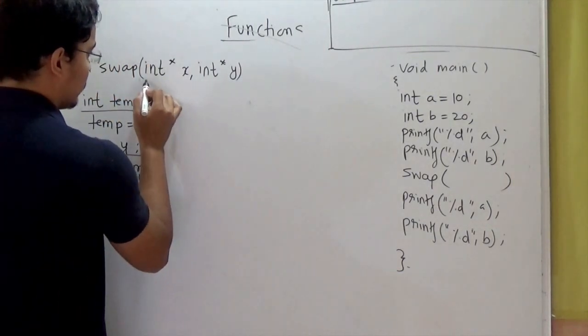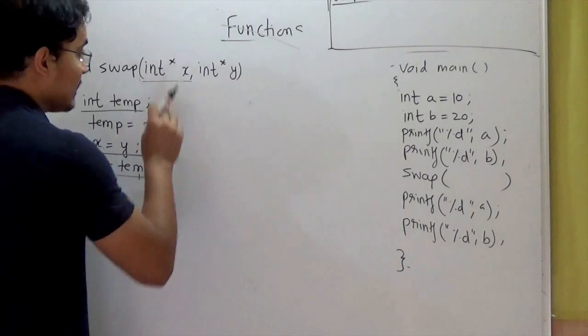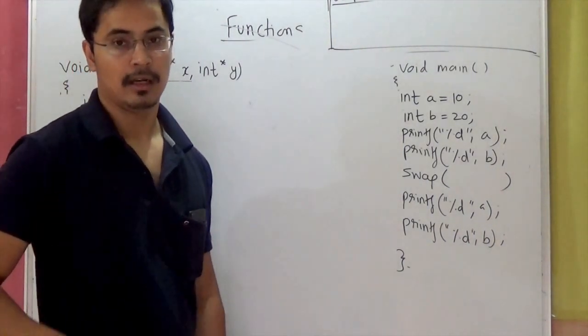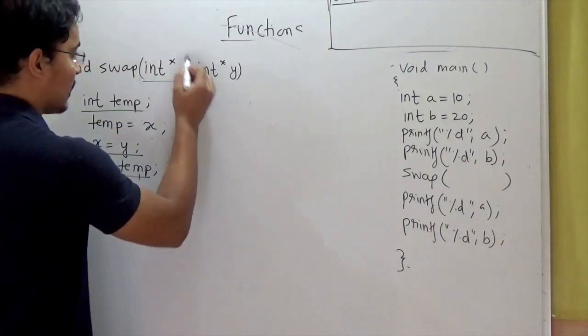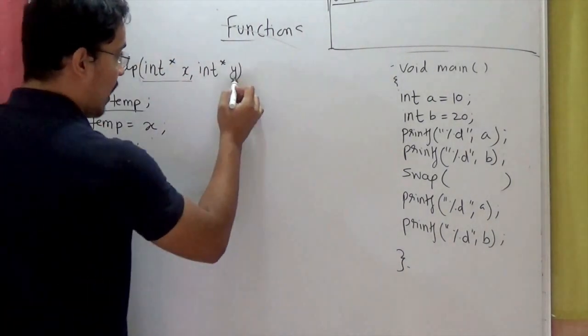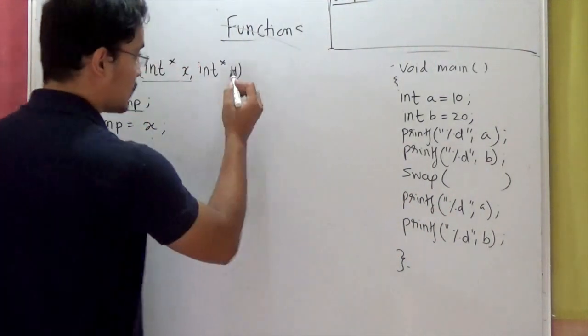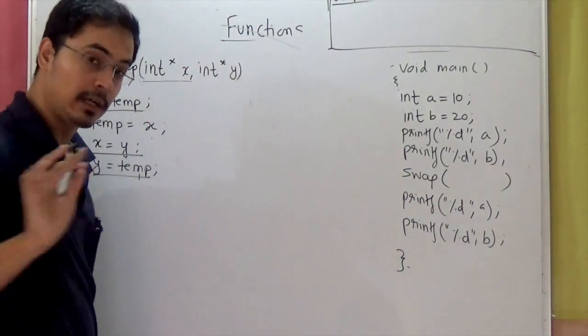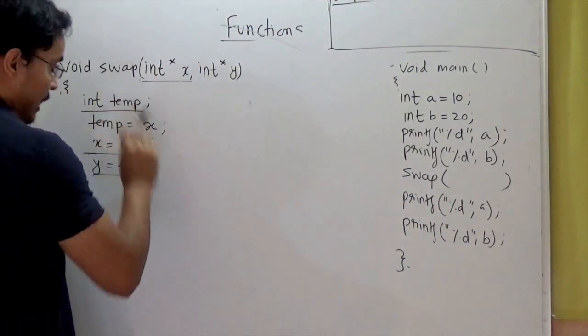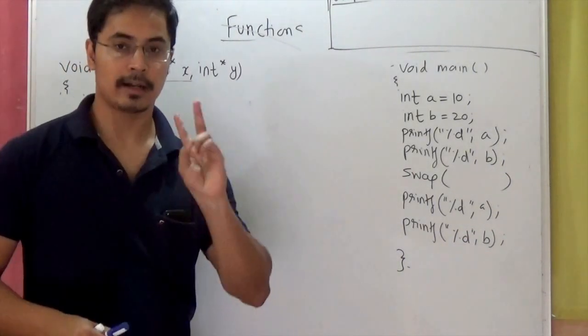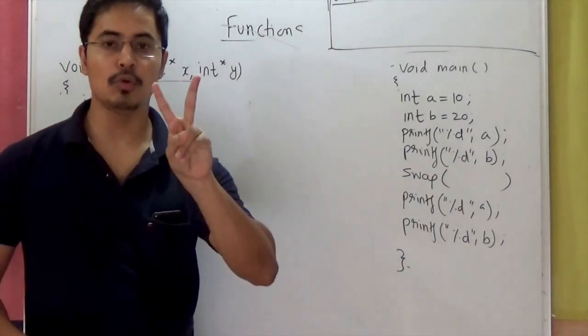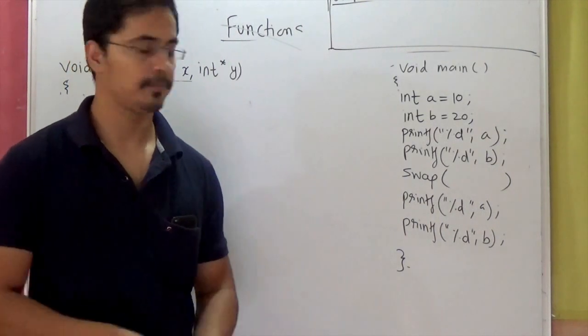This declaration means that x is a special variable. It will store the address of some integer. Y, this star indicates that y is a special variable. It will store the address of some integer. That means swap requires addresses of two integers.